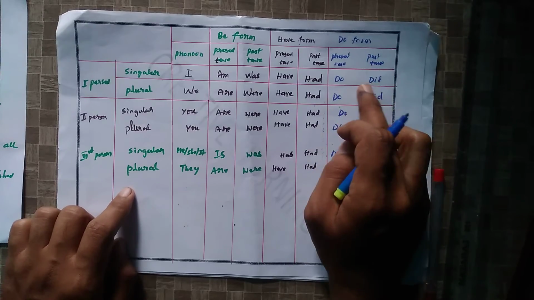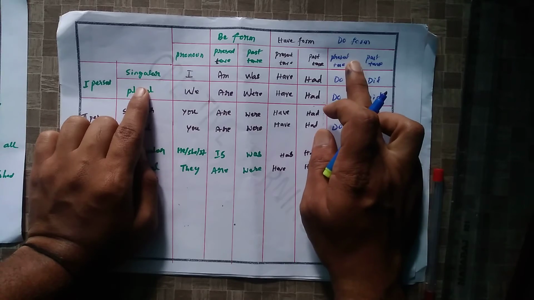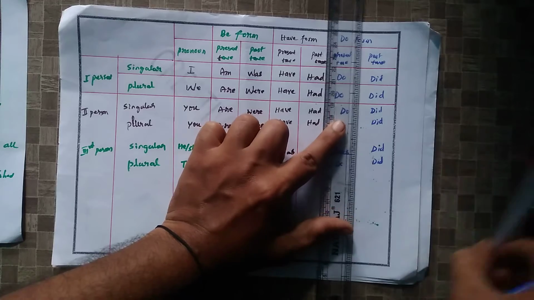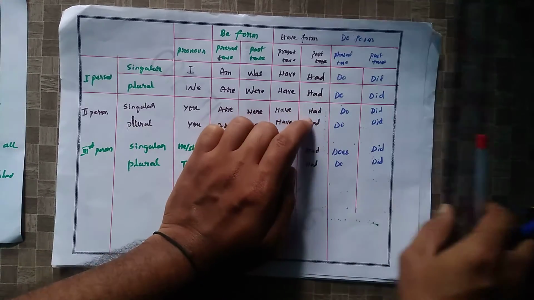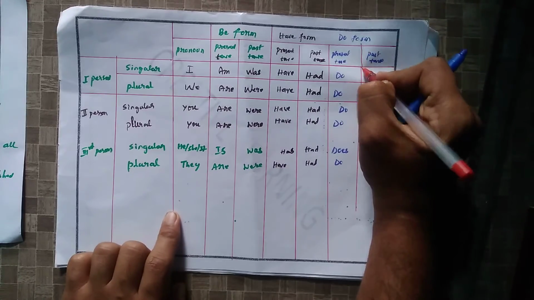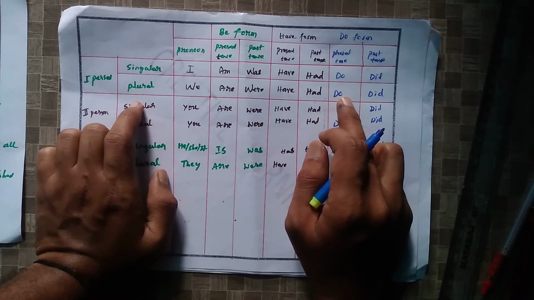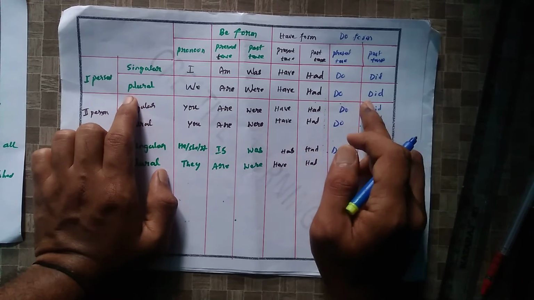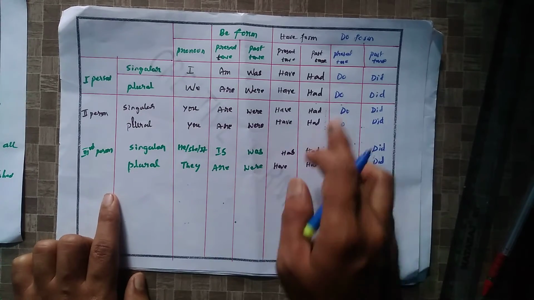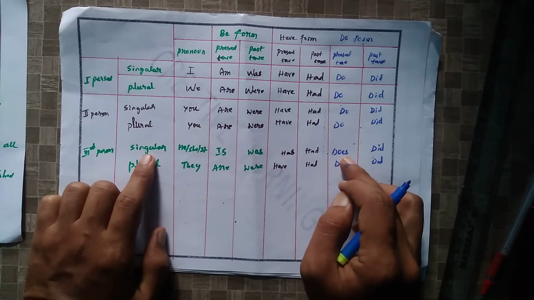In do form similarly we use do and did. In singular we use do in present tense, and in the past we use did. For plural in present tense, for first person plural we use do. Similarly, for third person in present tense, for third person singular we use does.